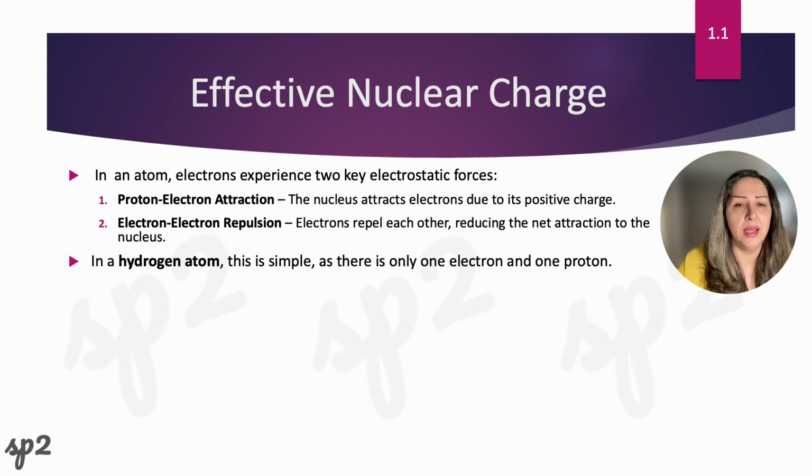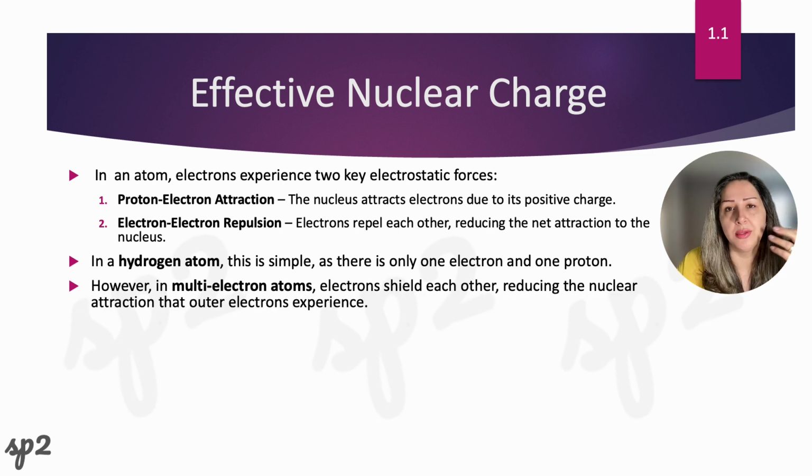Okay. Now, this would be pretty simple for something like a hydrogen atom, because there's only one electron, so we don't have any electron-electron repulsion. But for all the other elements higher than hydrogen, we're going to have more than one electron. You can call them multi-electron atoms.